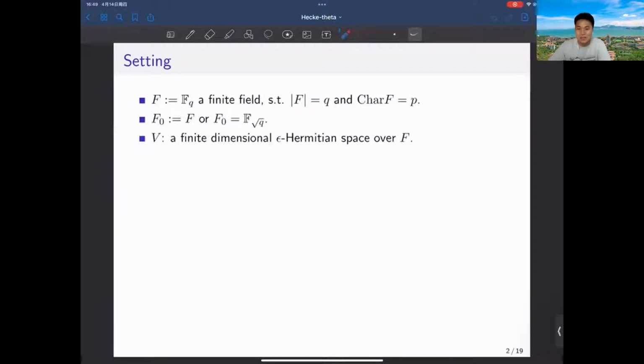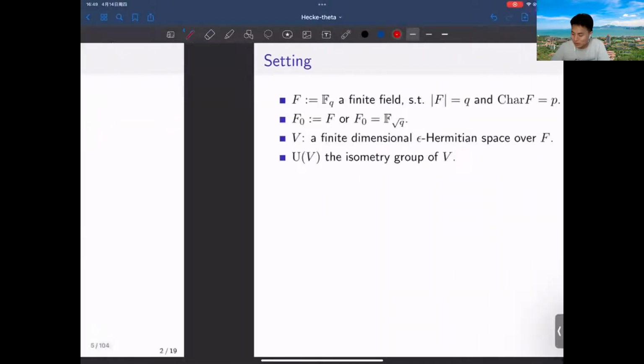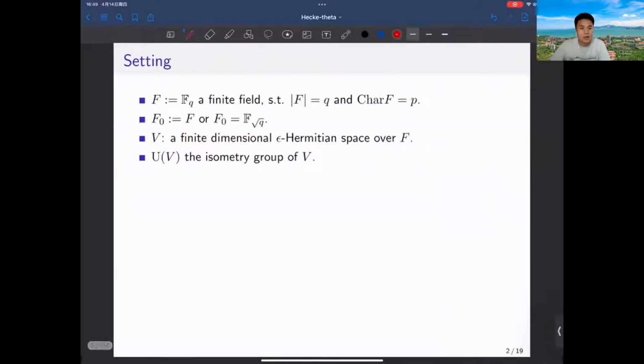It means that it has an epsilon-Hermitian form, where epsilon is in plus or minus 1, and this is the common setting for theta correspondence. We let U(V) denote the isometry group of the finite-dimensional epsilon-Hermitian space.